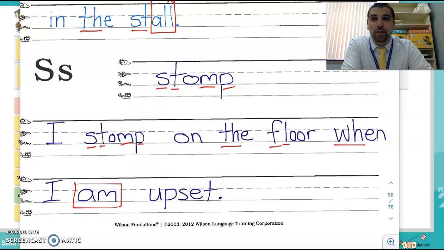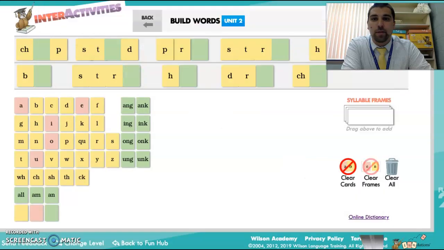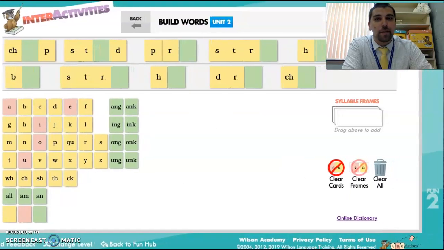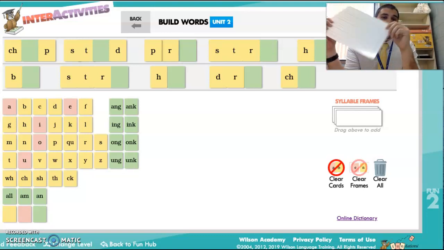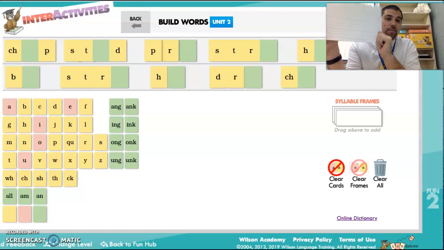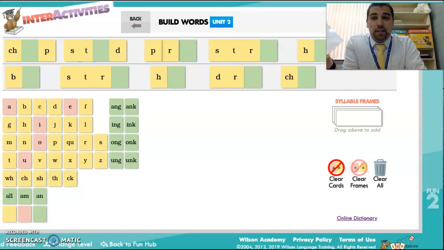So I'm going to close out of the journal part, and we are now going to play a game. All right, with this game, you're going to need your whiteboard. So your journal's put away, your whiteboard and your marker and your eraser. We are going to be practicing today using the glued sounds.